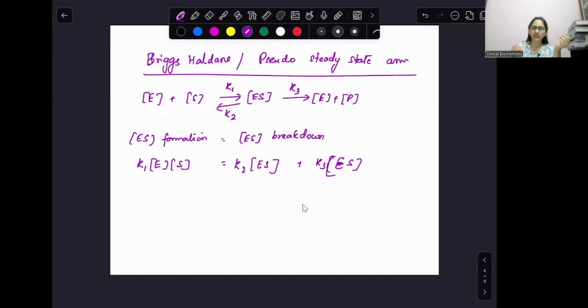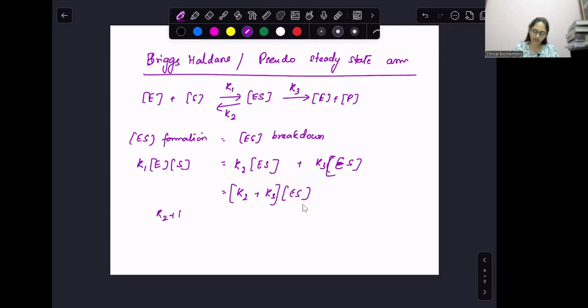Now I'm going to rearrange the equation. What will I get? K2 plus K3 into enzyme substrate complex, which I can take outside the equation. Now what will we get?